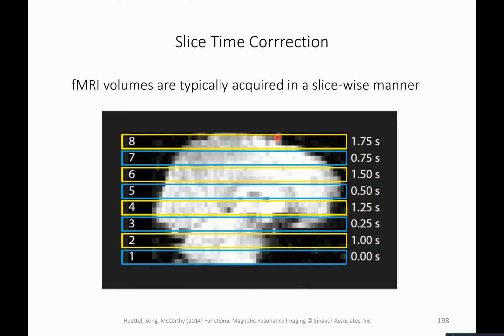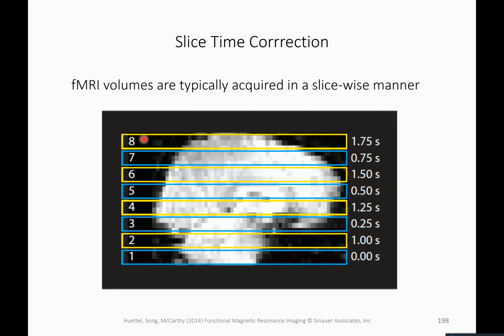So this shows, first of all, that slices are not acquired at the same time, and it's an example for an interleaved slice acquisition scheme, which first at time point 0 acquires slice 1, then at time point 0.25, so 250 milliseconds, slice 3, 500 milliseconds, slice 5, 750 milliseconds, slice 7, and then it starts again here and does the remaining slices.